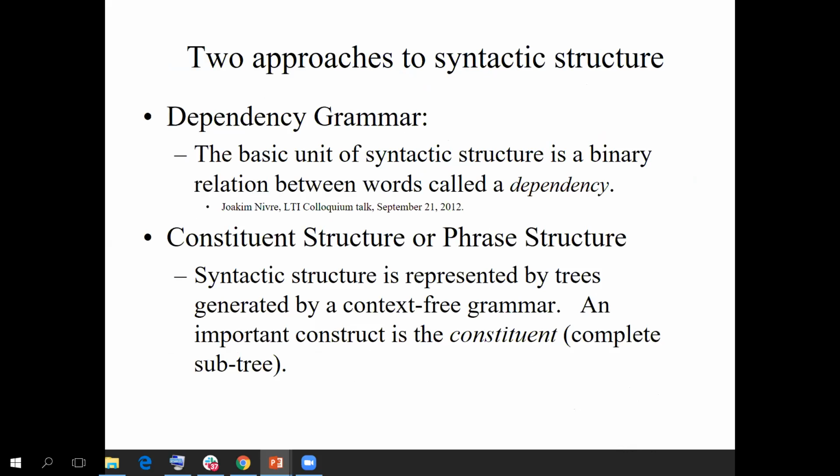In a constituent structure, the most important construct is the constituent, which is a complete subtree, like a noun phrase or a verb phrase. So we have one approach where the basic unit of analysis is a dependency, a binary relation between words, or a relation between two words. I guess that makes it binary. And in a constituent structure, the most important unit is a constituent, a complete subtree.